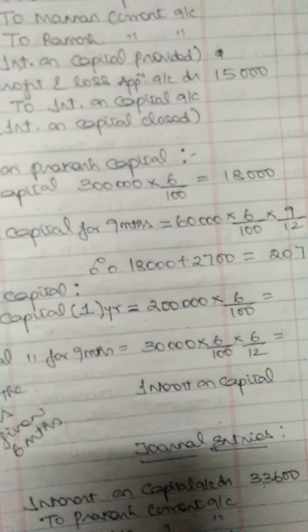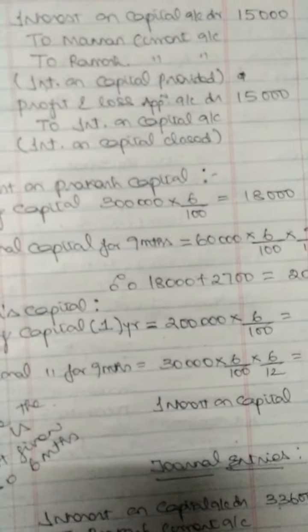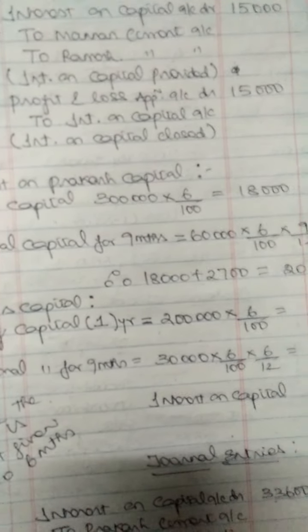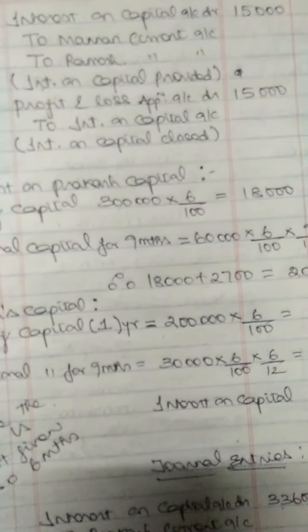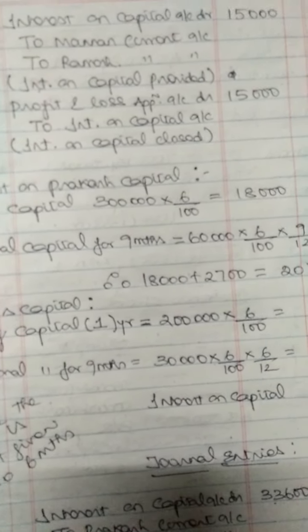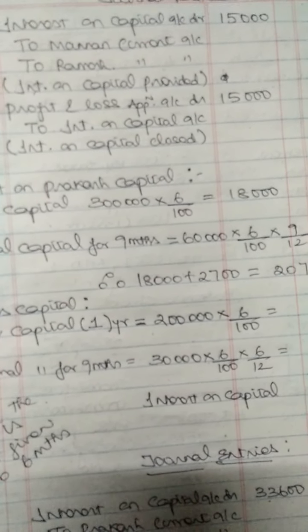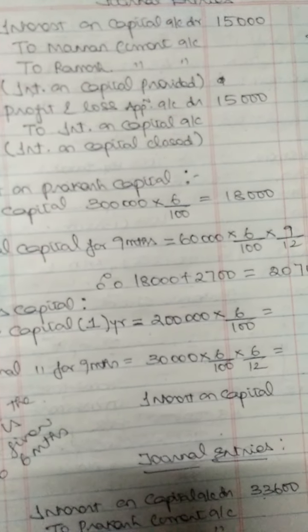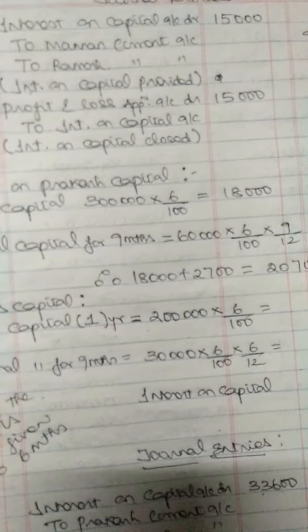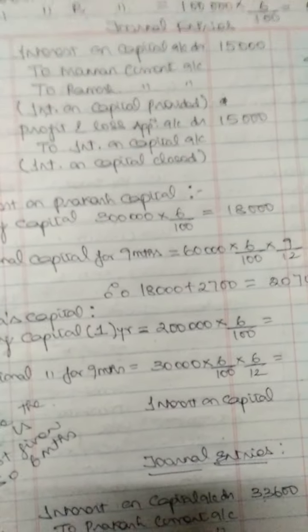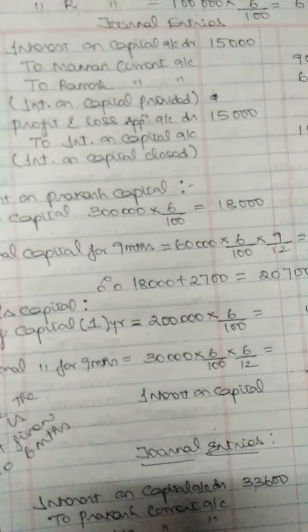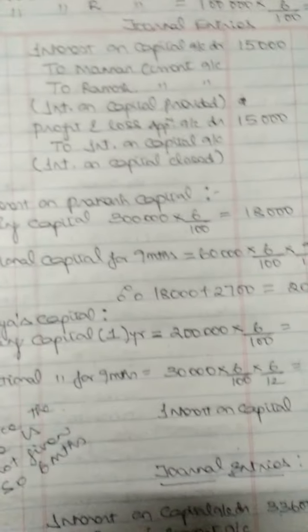So 60,000 into 6 by 100, the rate of interest, into 9 by 12. 9 by 12 means you have to calculate from 1st July. It comes to 2,700. So the total interest on capital for the first partner is 20,700.